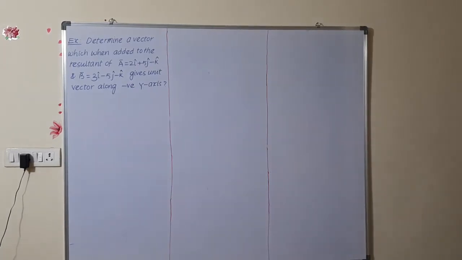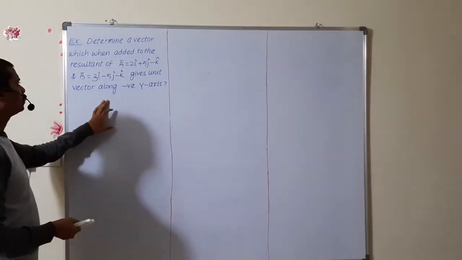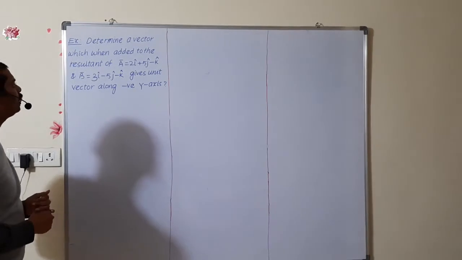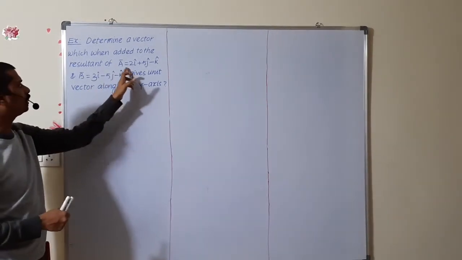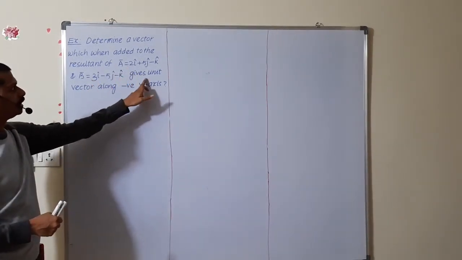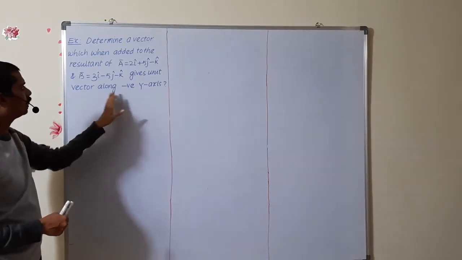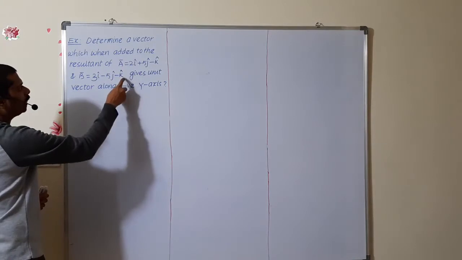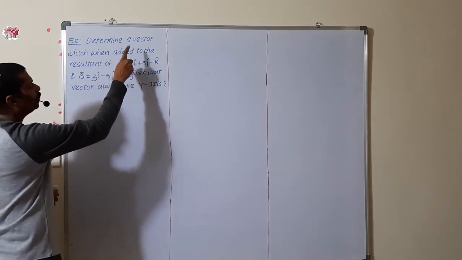Now we will solve one question. Determine a vector which when added to the resultant of a vector and b vector gives the unit vector along the negative y-axis. Here these two vectors are added to one resultant.